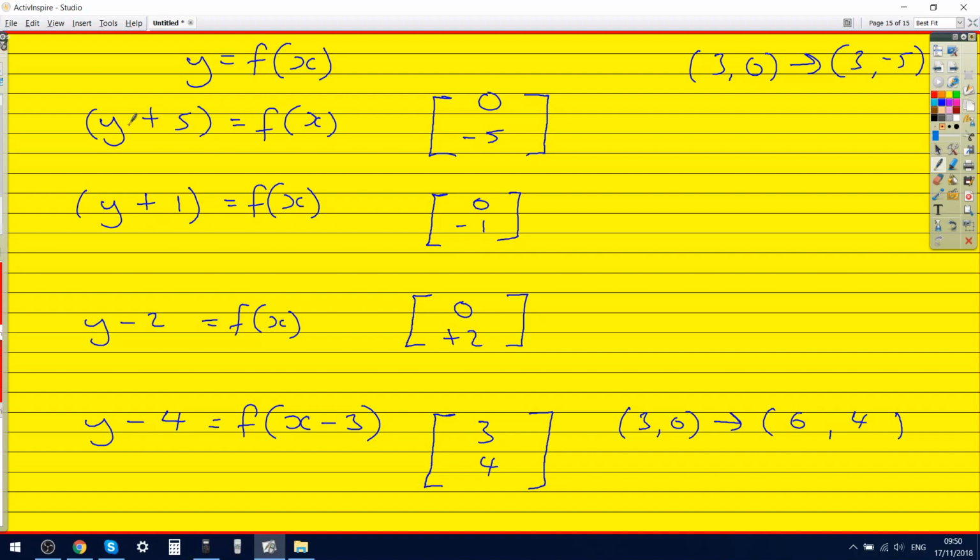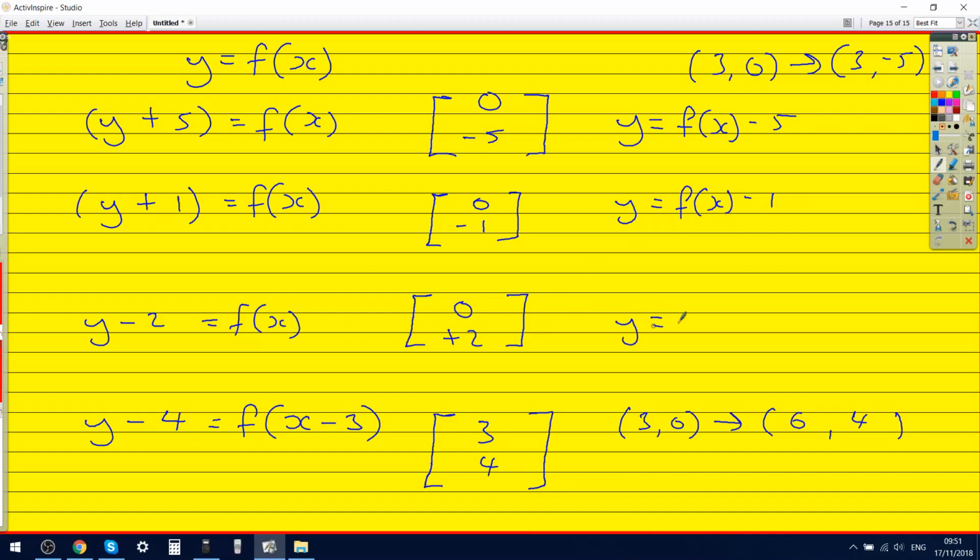These y ones, let's say y plus 5 equals the f of x. What would that be if you wrote it as y equals? So you brought the plus 5 to the other side. So the f of x minus 5. How about the one underneath, the plus 1 thing? So f of x minus 1. And the one under that.